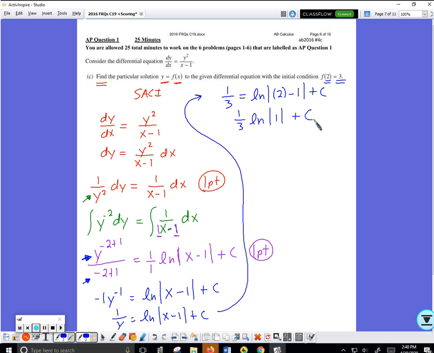Natural log of 1 is 0. So I figured out that c is equal to 1/3. If you plug in the values, which is what I did here, that's 1 point. If you correctly find c, that's another point. So now we're at a total of 4 points.